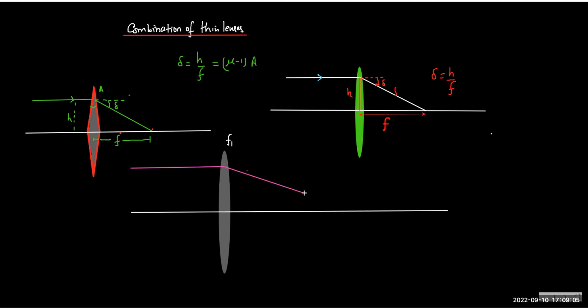It will bend and will meet somewhere here, let's say. But what if we bring another lens in the path? If you bring another lens in the path of this ray, it will actually create one more deviation. That is the idea. So this is the first deviation, as you can understand clearly. We call it delta 1.